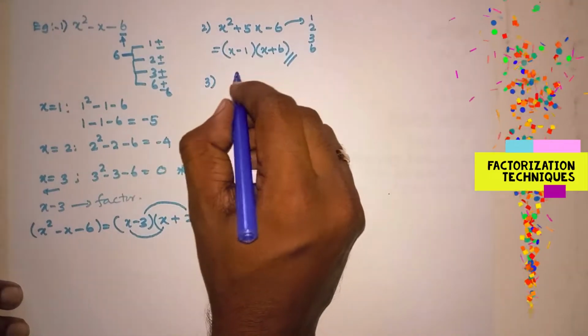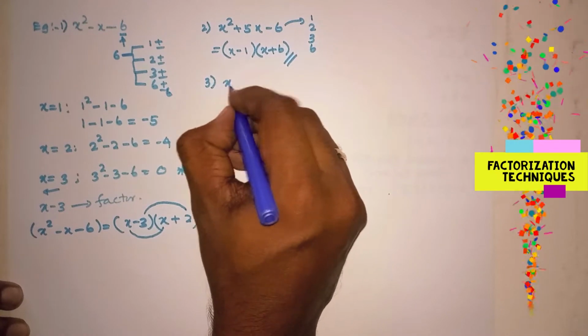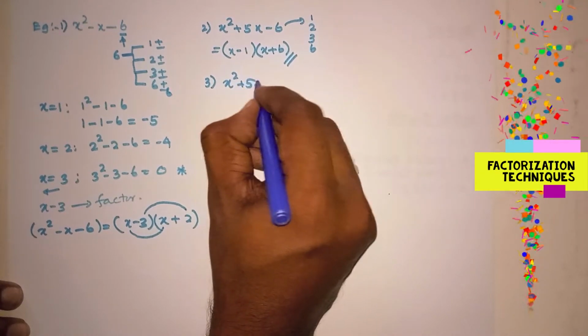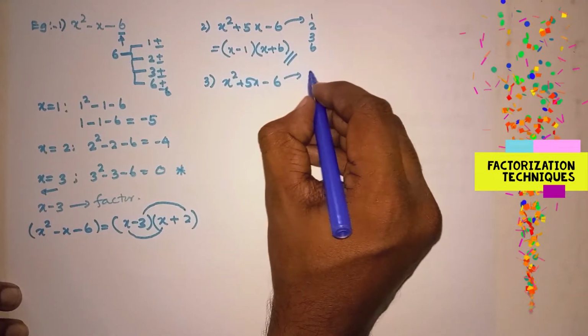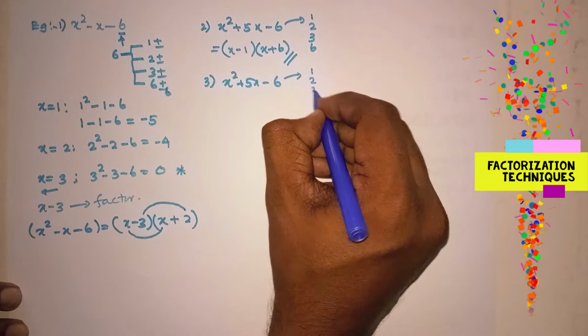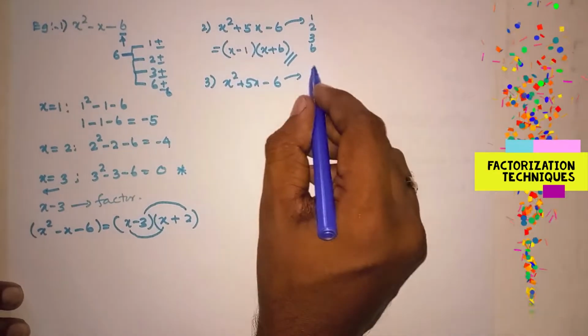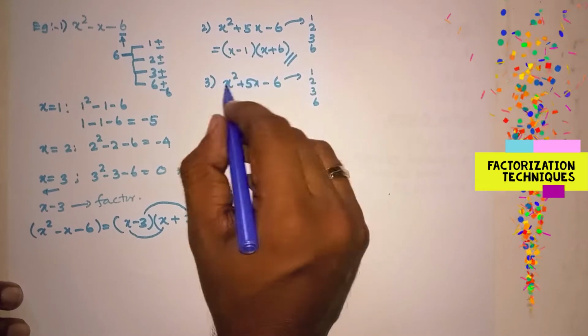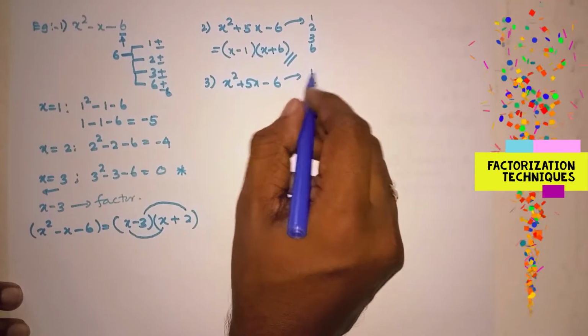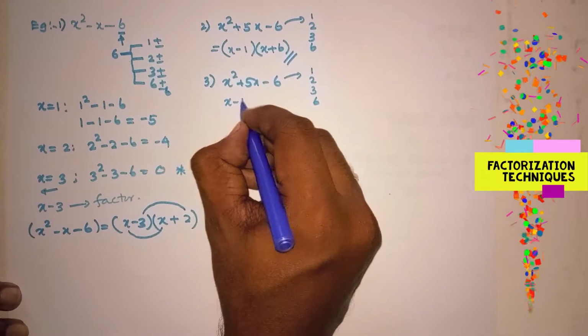Let's take example 3. Consider x squared plus 5x minus 6. Now you see the constant term here. Get its multiples 1, 2, 3, 6. Just put x equals 1 here. 1 squared plus 5 into 1 is 6, 6 minus 6 is 0. Therefore the factor will be x minus 1.